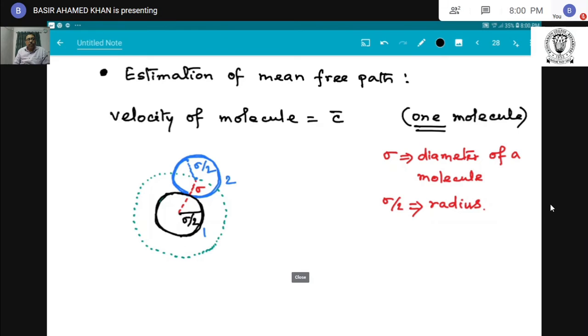That means a collision will occur only when the center of the other molecule lies on the sphere of influence. This is called the sphere of influence. What is the significance of the sphere of influence?